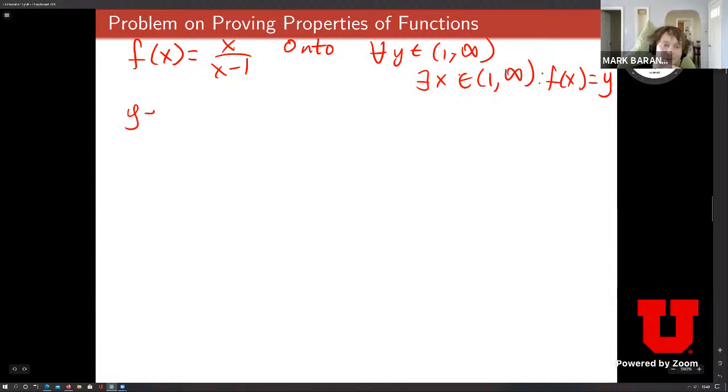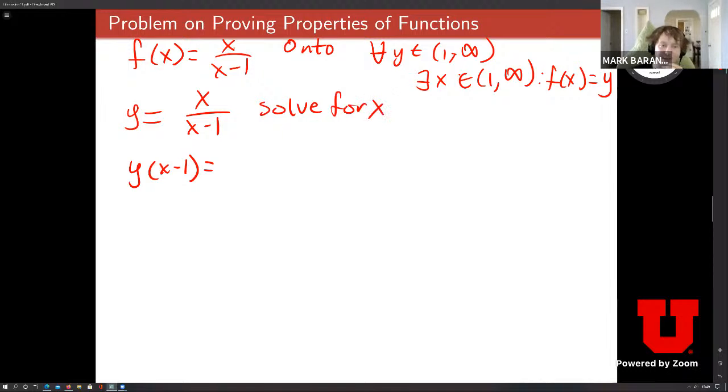So y equals x over x minus 1. And so we get y times x minus 1. So what we're trying to do is solve for x. So y times x minus 1 equals x.